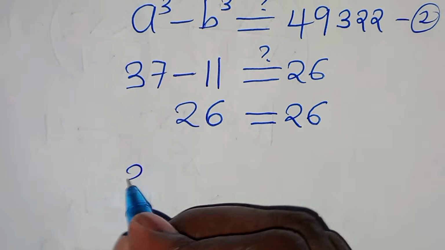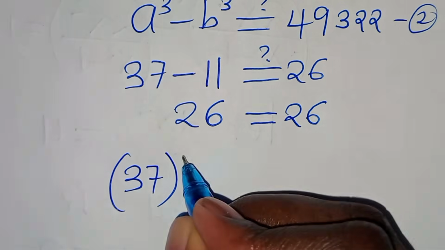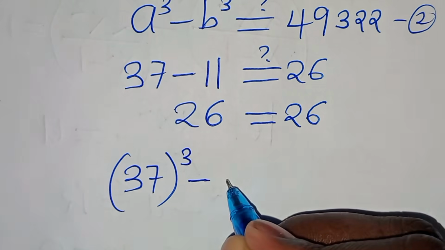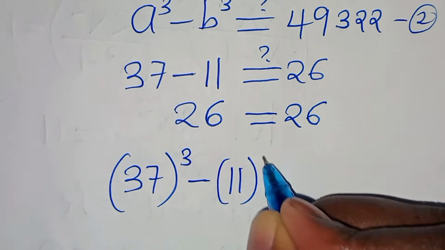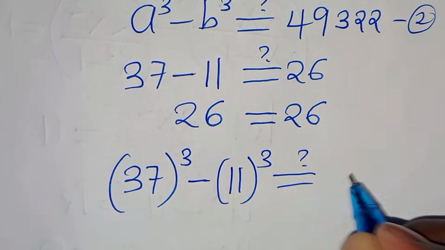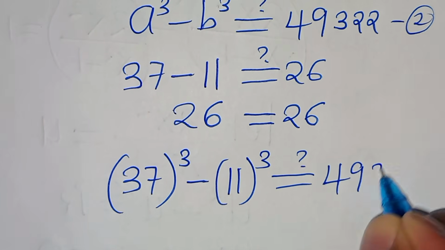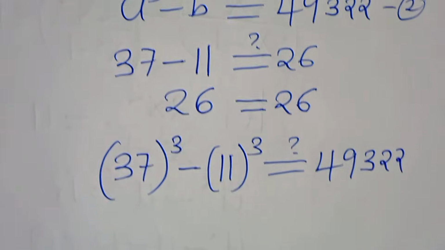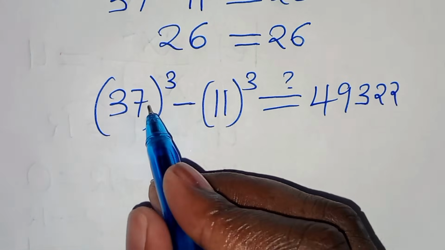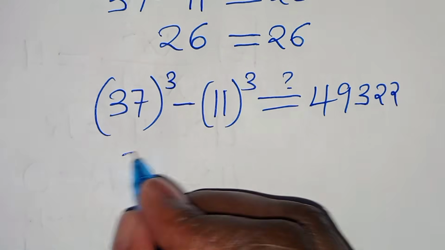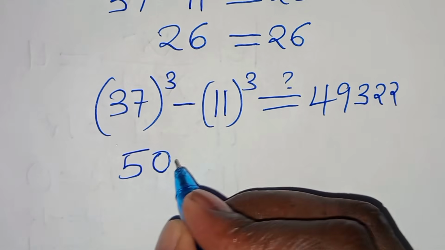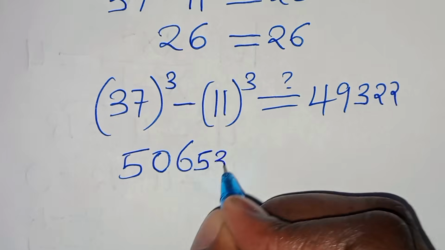So we have 37 raised to the power of 3 minus 11 raised to the power of 3. This should give us a value of 49,322. 37 to the power of 3 is 50,653.